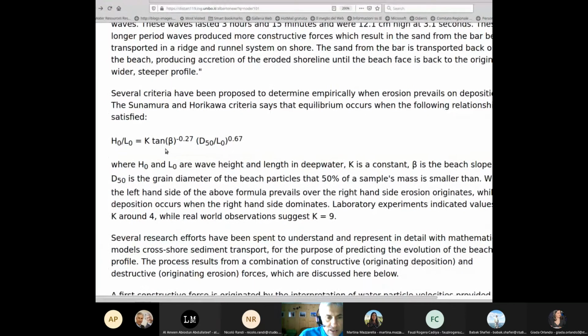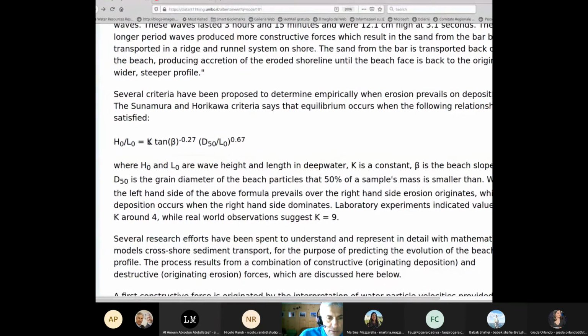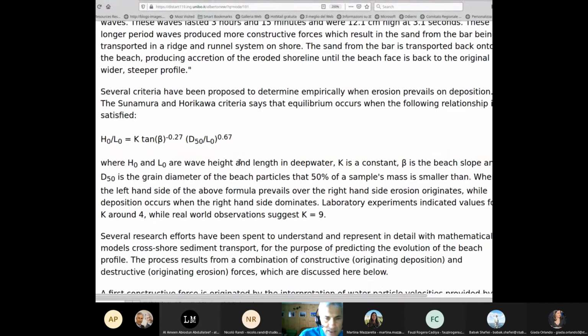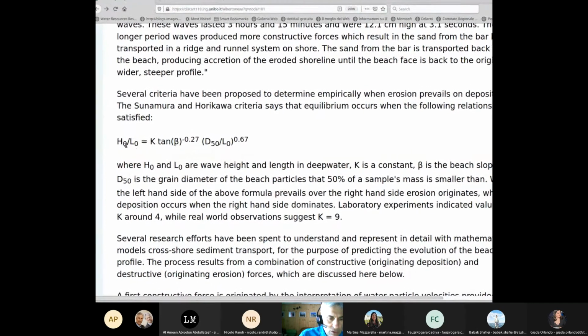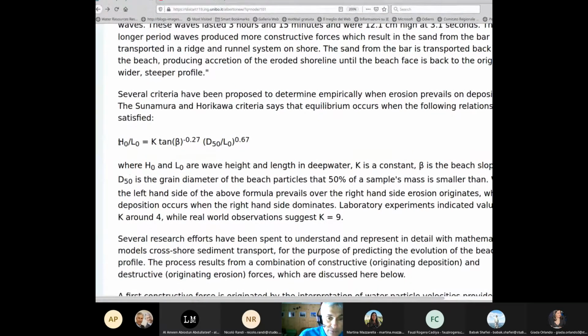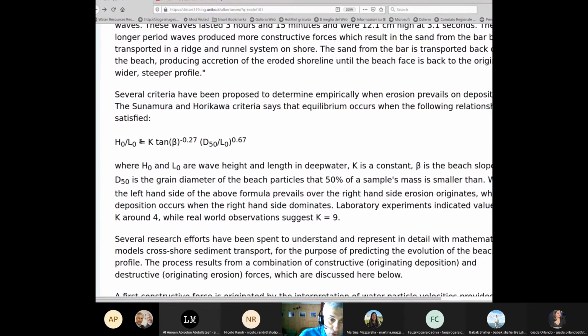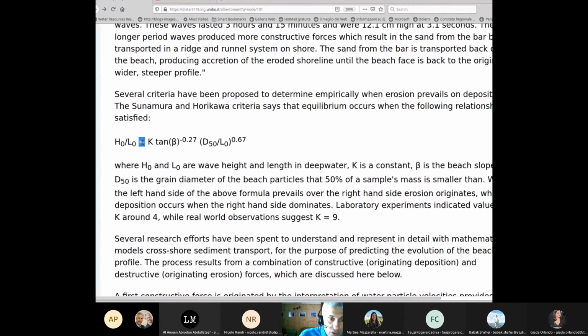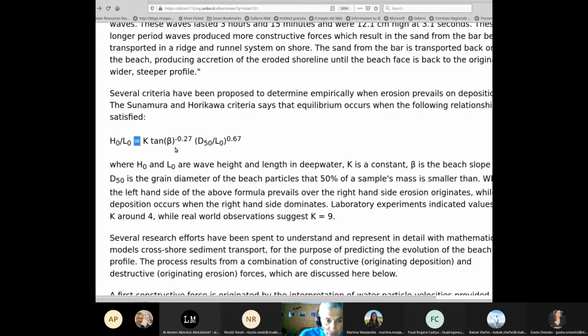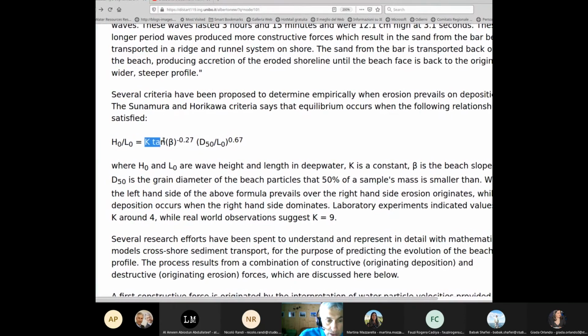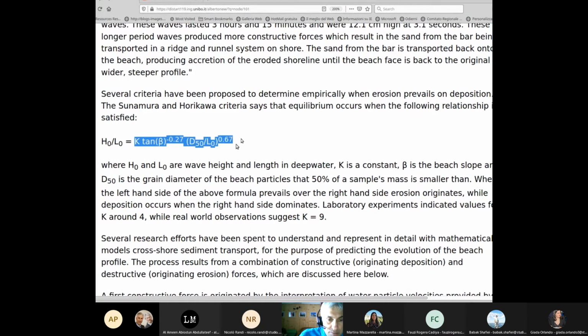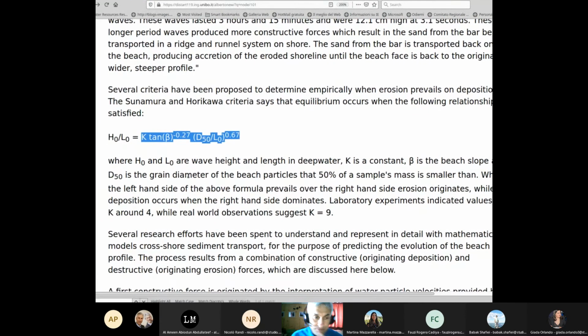So in this relationship here, K is a constant, and so when the left-hand side of this formula prevails, you have erosion. When you have the equal sign working fine, you have equilibrium. When the right-hand side prevails, you have accretion.